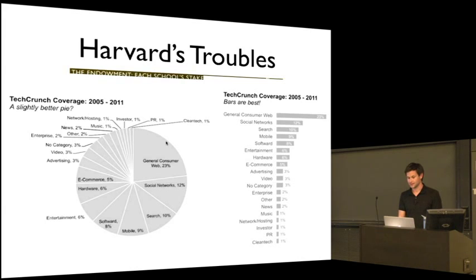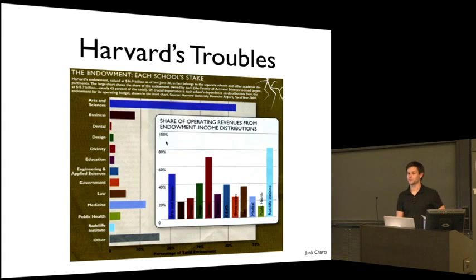Another example, and that's the last one that I have, it's Harvard troubles. Yeah? So what's wrong with this chart? First I tell you what the data of the chart is. So in 2008, they had this problem that the revenues from the endowment funds were radically going down. Yeah?